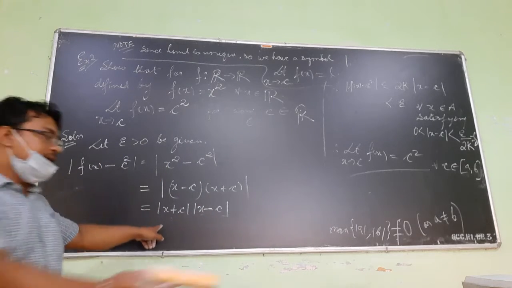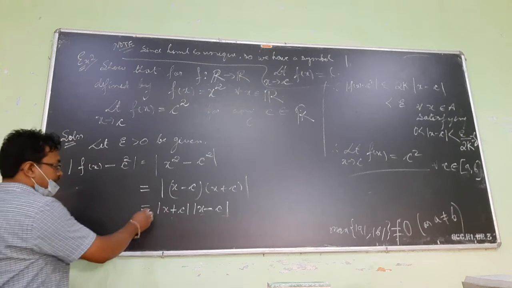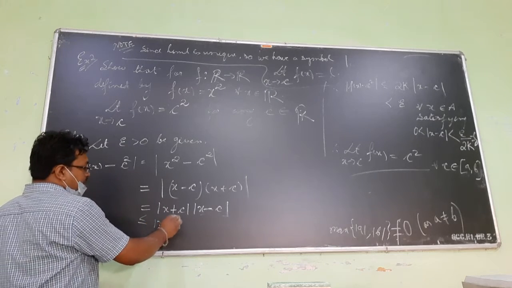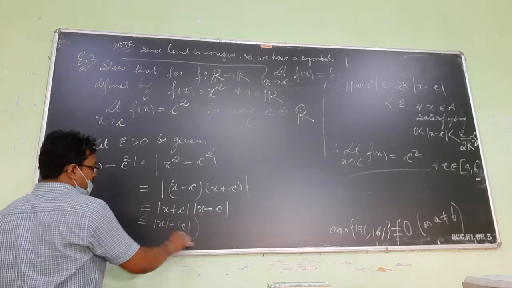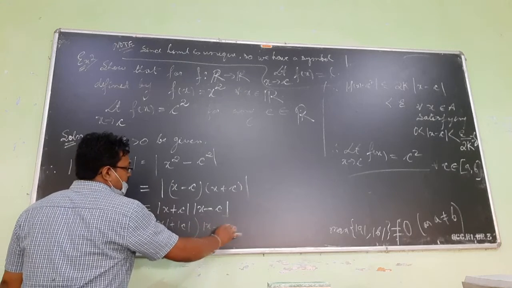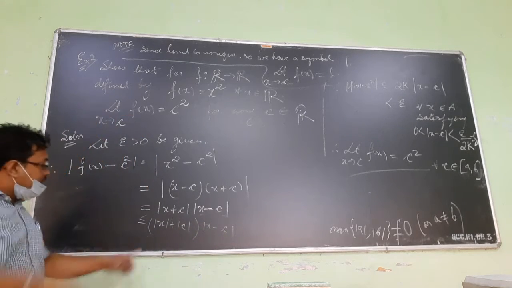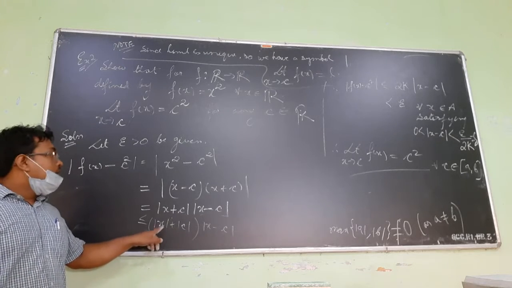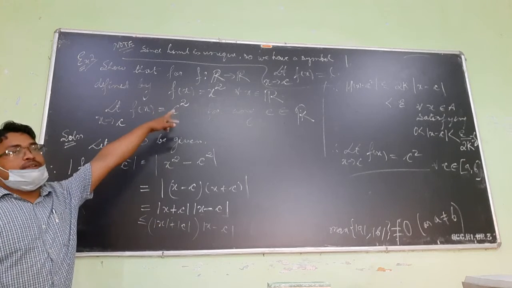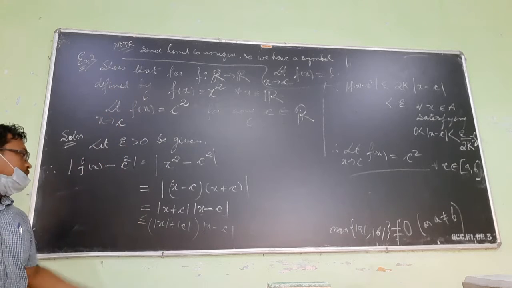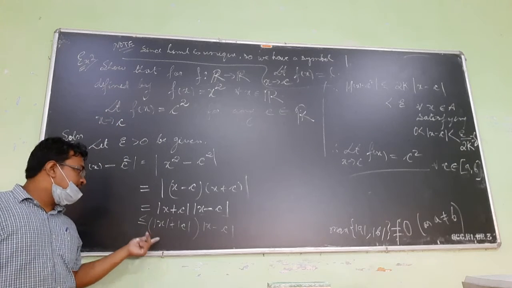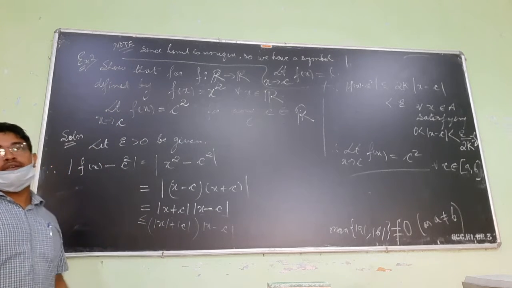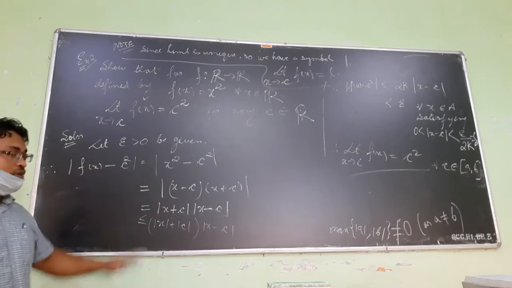I cannot write something like mod x plus mod c into mod of x minus c. Inside R, this mod x may take any value. This R is not bounded above. So we cannot write mod x is less than k for every x in R. We cannot write it. Now what can be done?